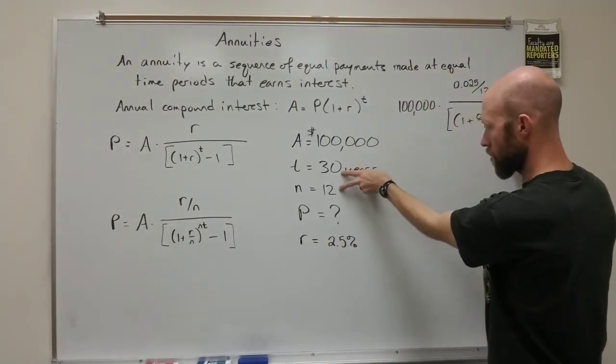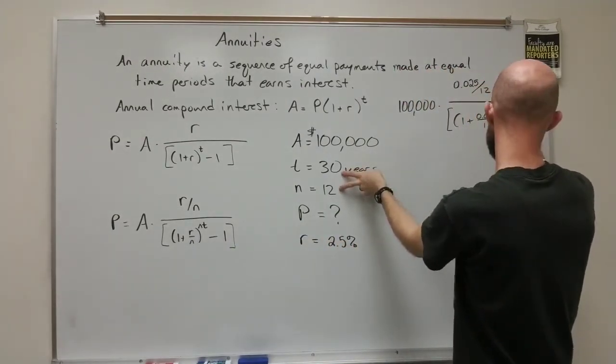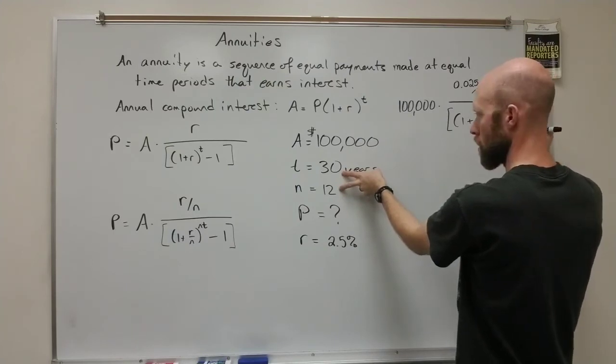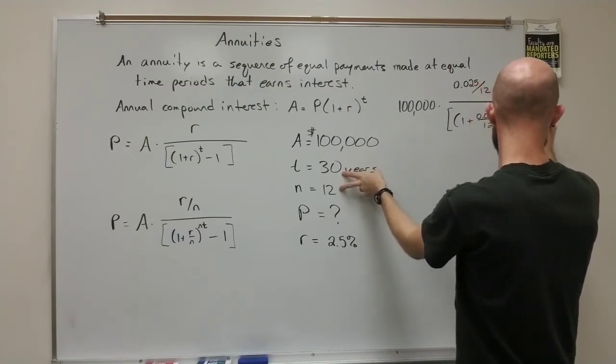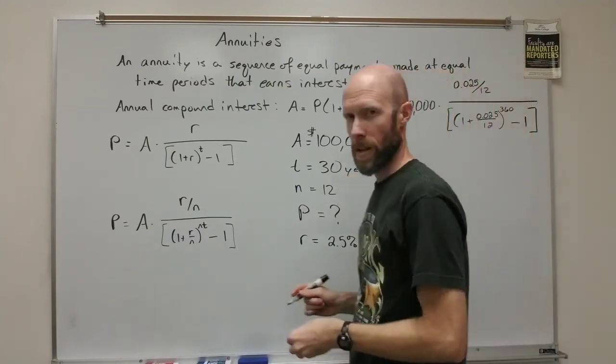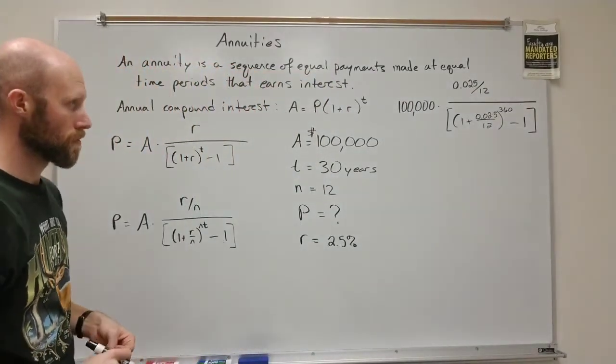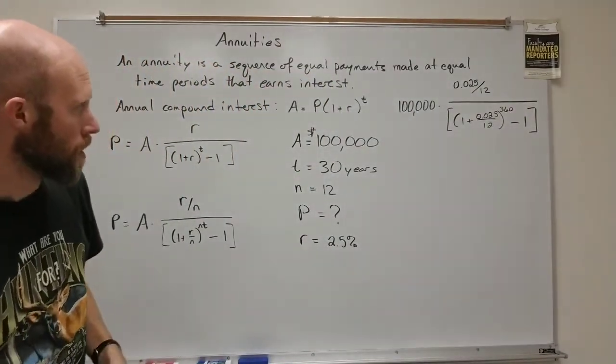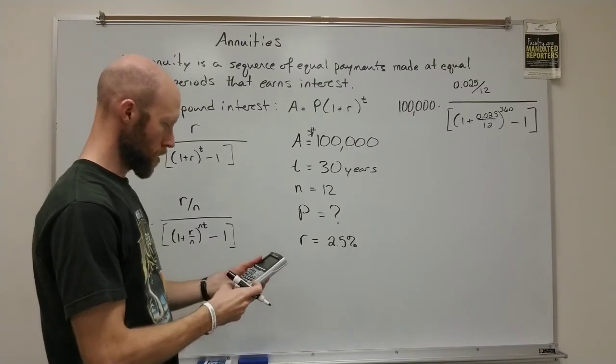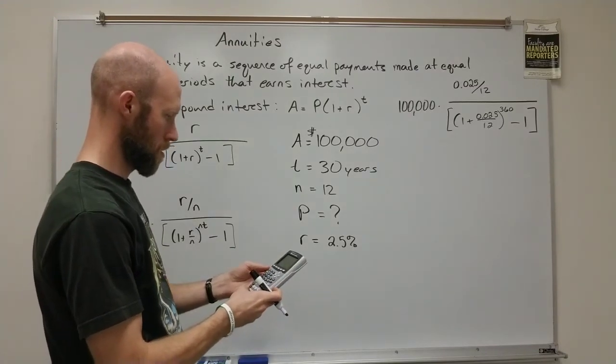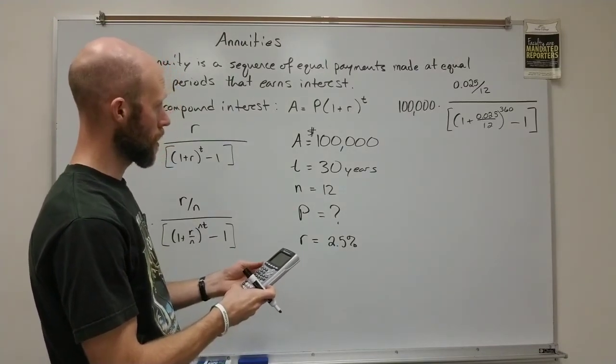So we've got 30 times 12 is 360. Minus 1, that'll just make that calculation a little bit easier to finish that 360 off. And so put that in my calculator.